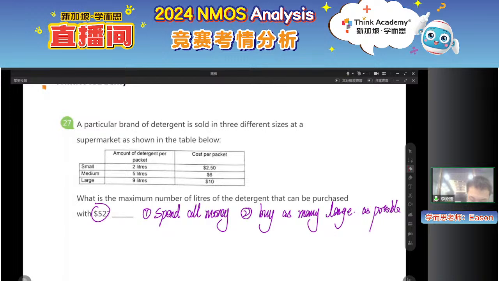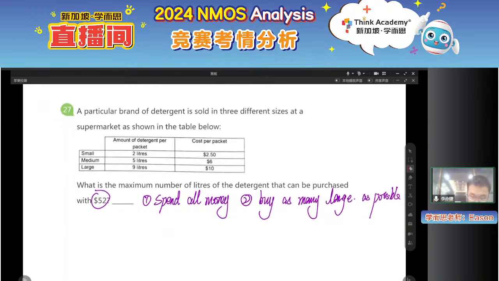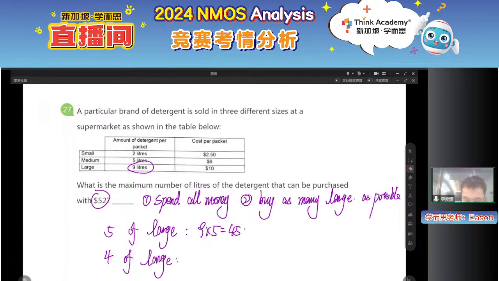So now for this question, we have 52. Can we just buy 5 of the large, right? 5 times 9, it's 45. If we have 5 of large, so now we only have $2 left. We cannot buy anything. If we buy 4 of the large, so now we can have $16 left.